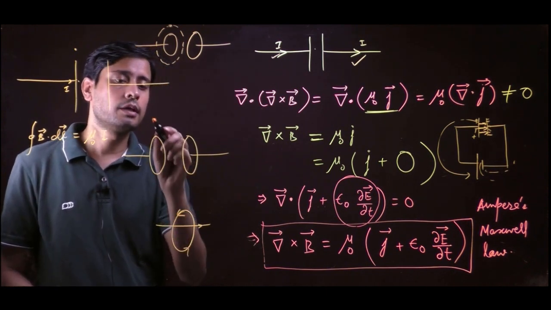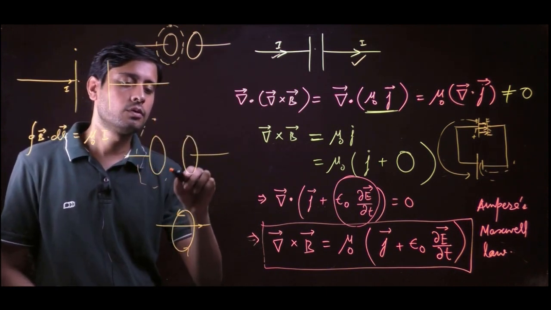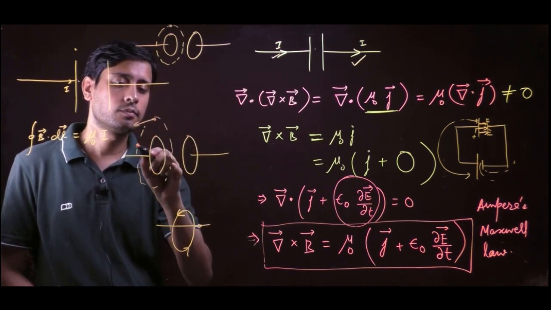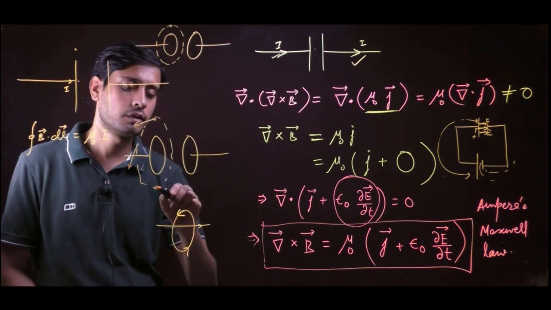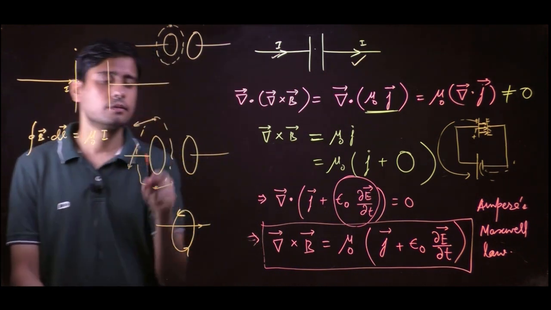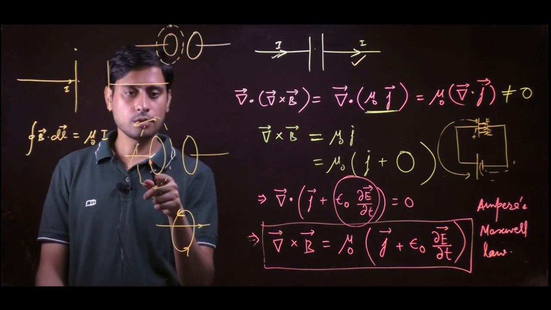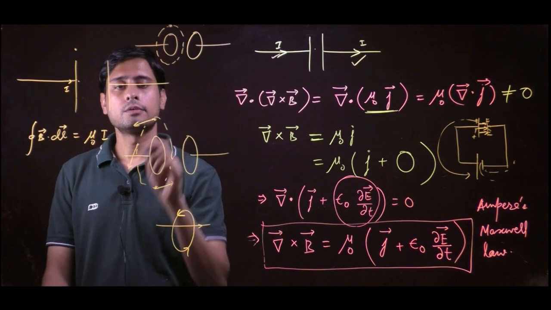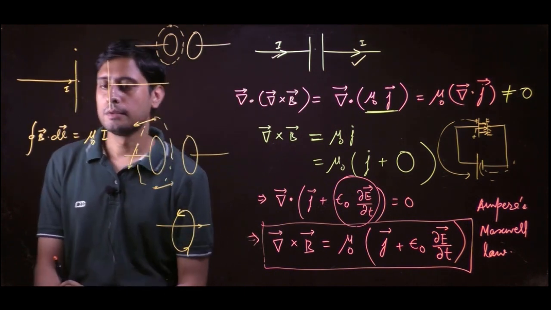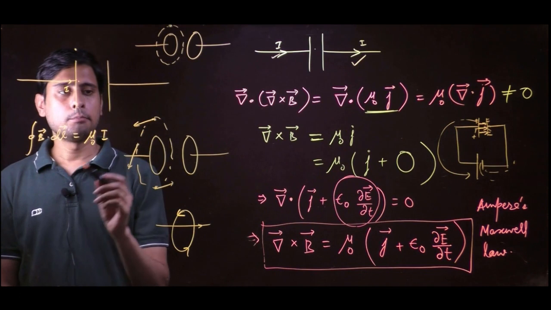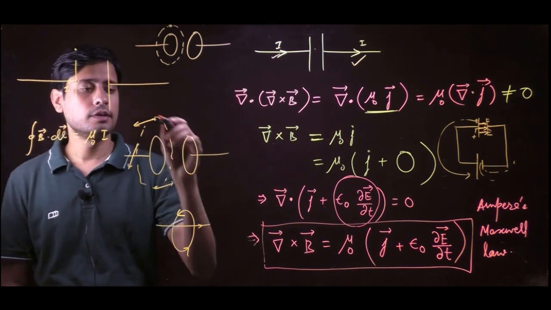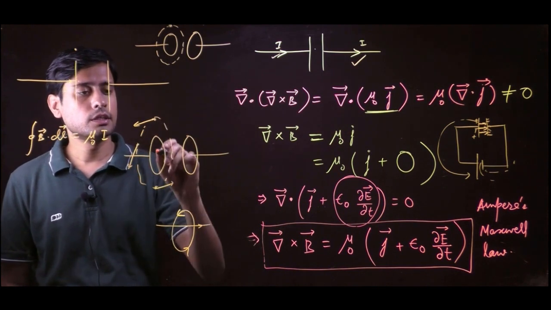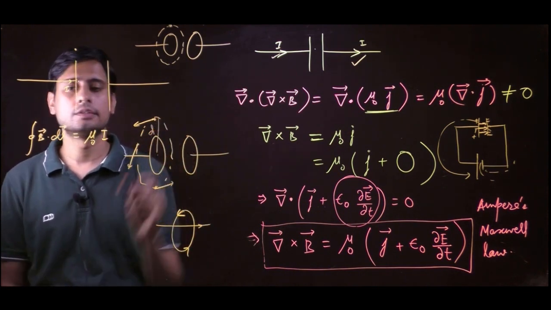Then how the fingers of the right hand curl gives you the direction of the magnetic field. So at this point the magnetic field points here, at this point it points here, and at this point the magnetic field is inside the plane of the paper, coming towards me and going away from me. But the magnitude of the magnetic field will be constant if you are not changing the radius or this distance.